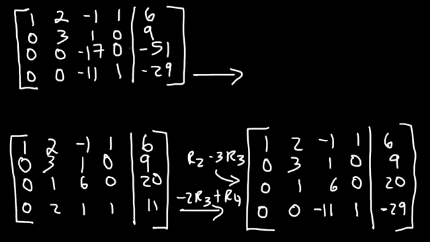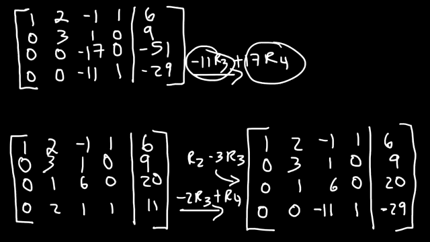And so we need to multiply this by negative 11. So it's going to be negative 11 R3, and then multiply this by 17, plus 17 R4. So this value will be positive and this value will be negative, and they will cancel out.